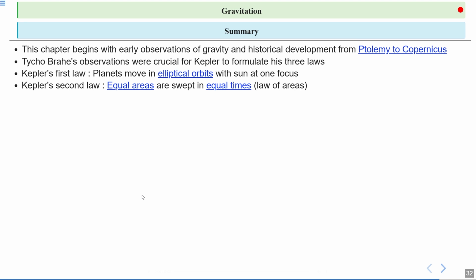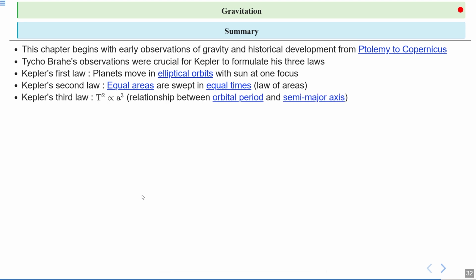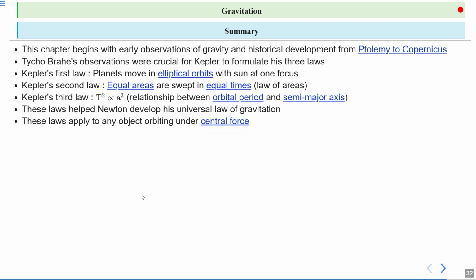Kepler's second law: equal areas are swept in equal times, the law of areas. Kepler's third law: T square is directly proportional to a cube, the relationship between orbital period and semi-major axis. This law helped Newton develop his universal law of gravitation. So this law applies to any object orbiting under central force.